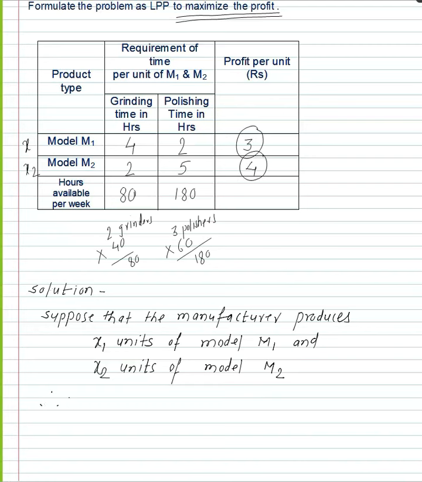Therefore, total profit will be profit on x1 units of M1 plus profit on x2 units of M2.